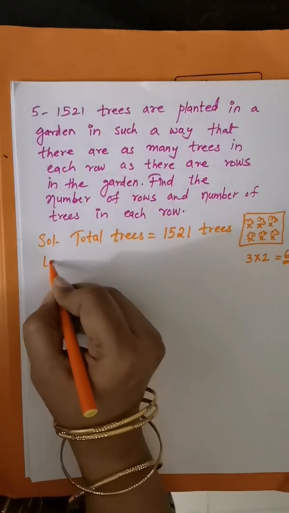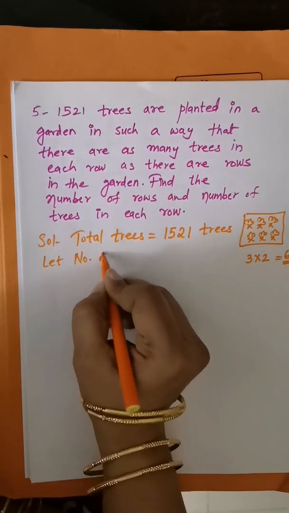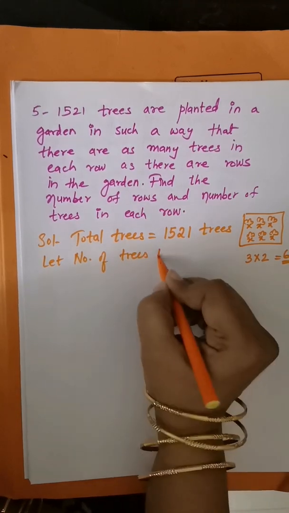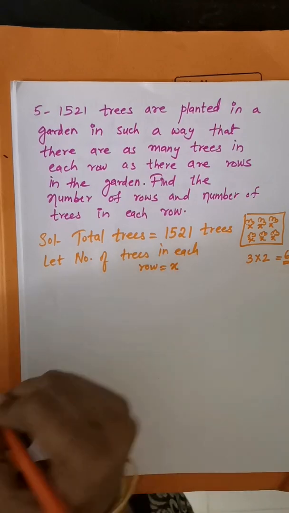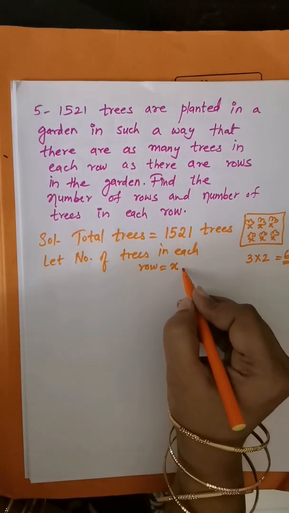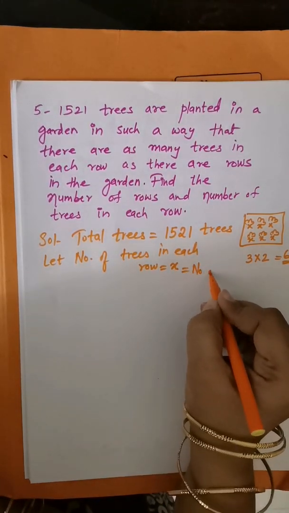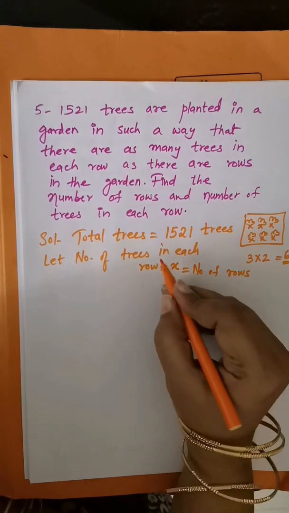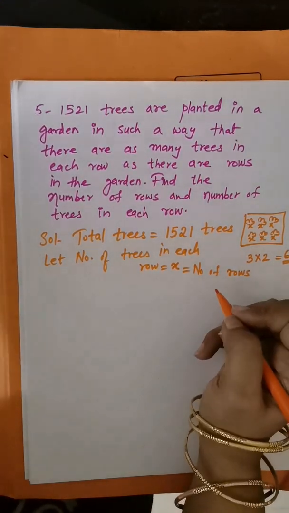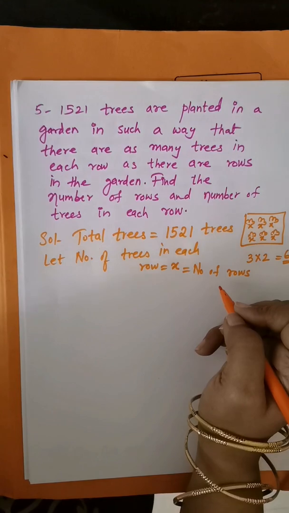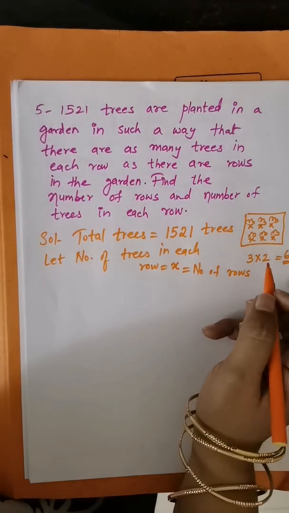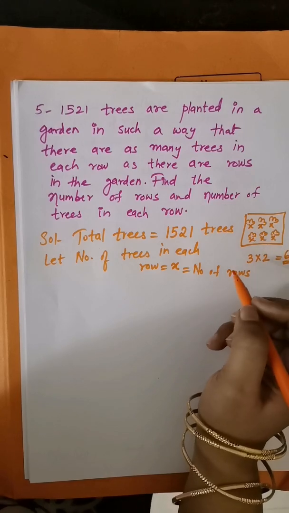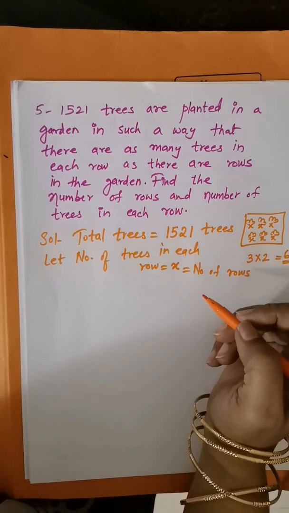So let the number of trees in each row be equal to x, which is also equal to the number of rows, because number of trees in each row into number of rows will give you the total number of trees.